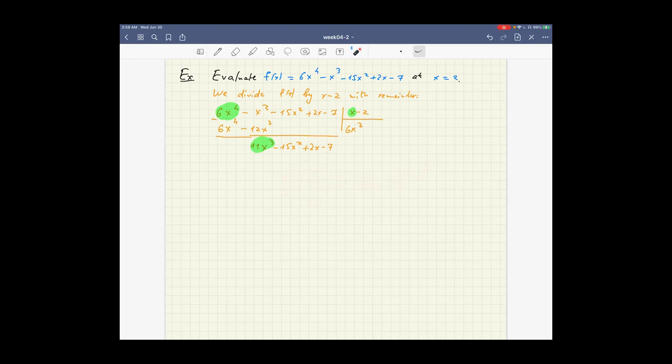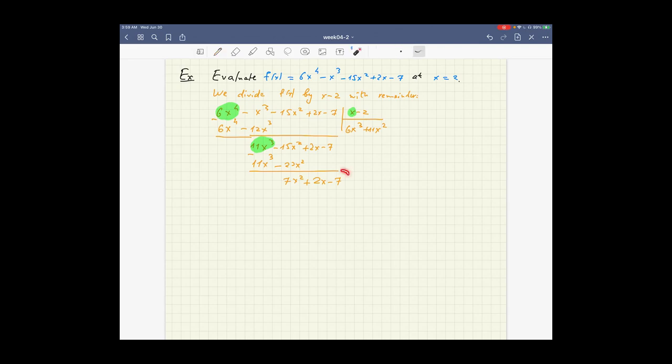That'll be the next term in the quotient. Multiplying 11x squared by x minus 2, we get 11x cubed minus 22x squared. The difference is 7x squared plus 2x minus 7.